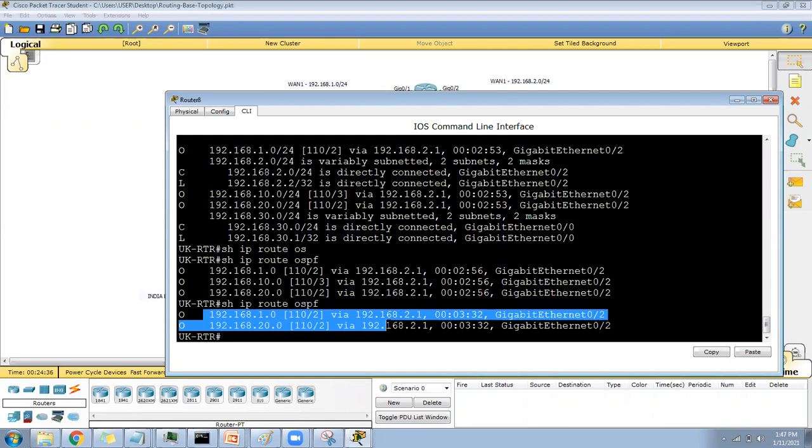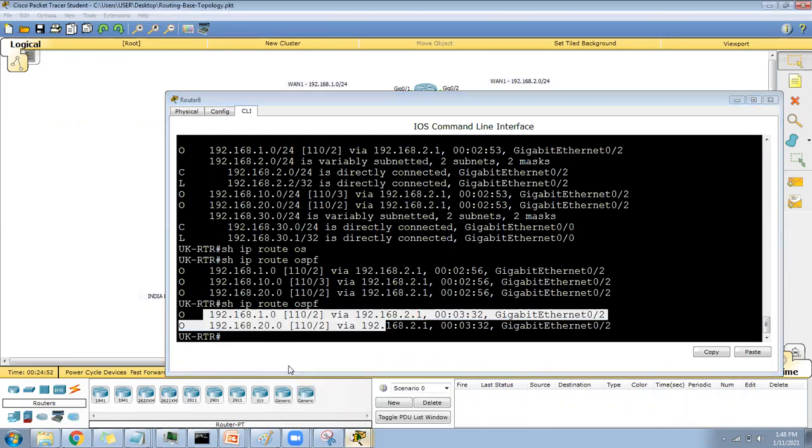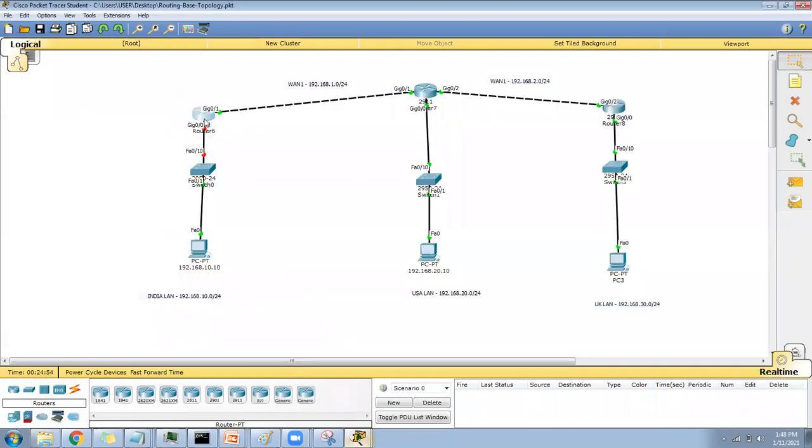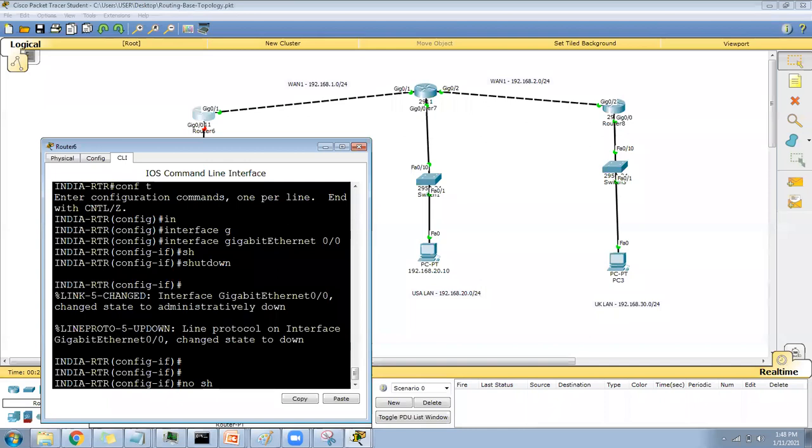OSPF is much quicker than RIP. It has link updates. So if anything goes down, it will quickly send an update that this network is down. Now let this network come back. So I will just bring it back: no shutdown.